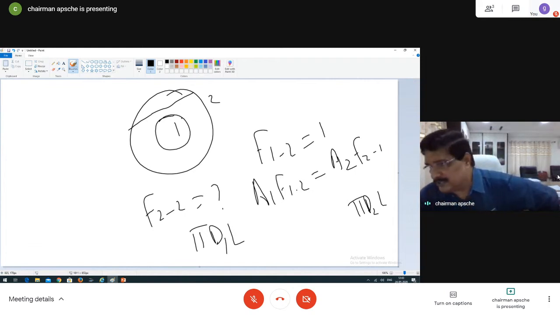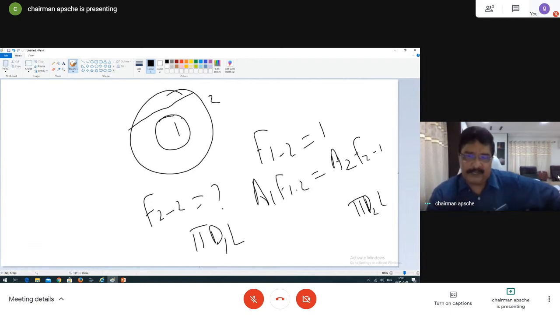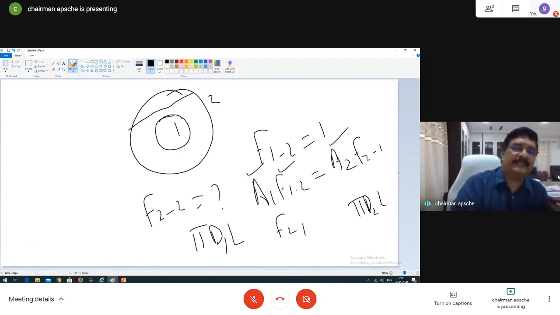Similarly, F2 to 1 you can calculate now. You know A1, you know F1 to 2, you know A2, so F2 to 1 can be calculated. Now surface 2 interacts with what in the radiation exchange? 2 is interacting with 1 and 2 is interacting with 2 itself. That means some of the radiation leaving 2 is falling on 2 itself. So, taking the summation rule, F2 to 1 plus F2 to 2 should be equal to 1.